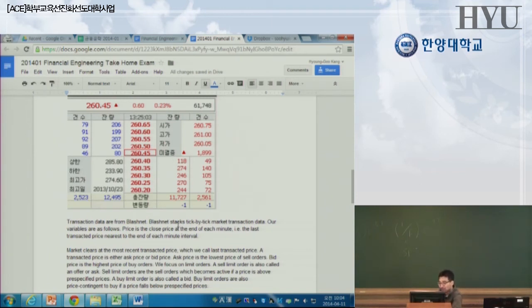FlashNet takes tick by tick market transaction data, and our variables are as follows. Price is the close price at the end of each minute, so the last transacted price nearest to the end of each minute interval.